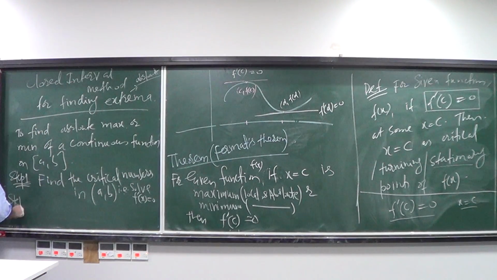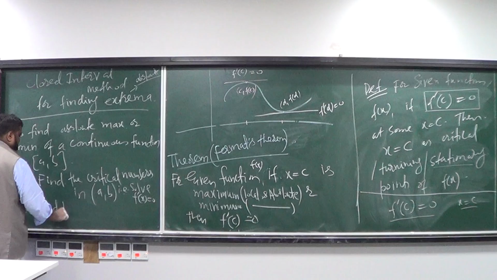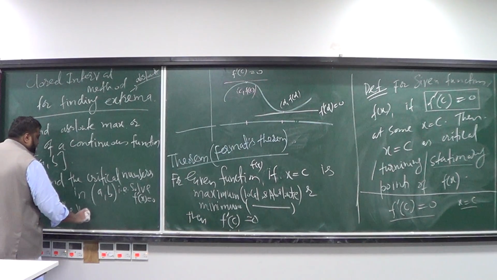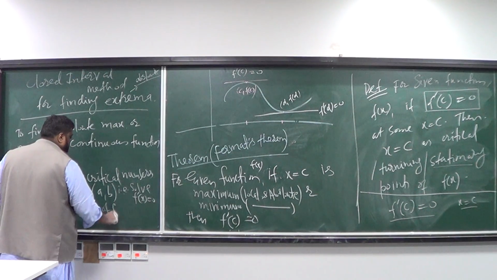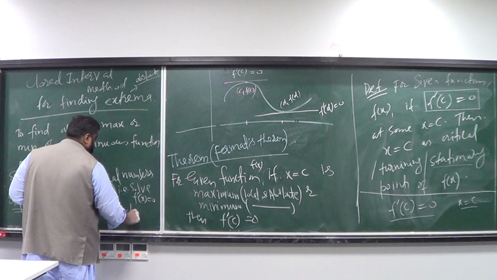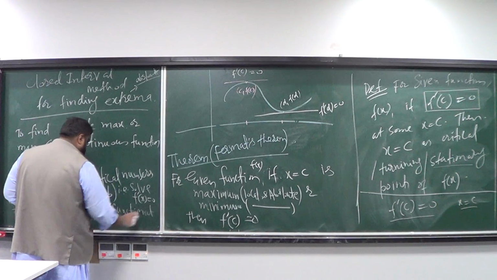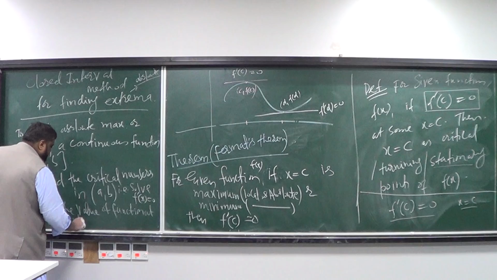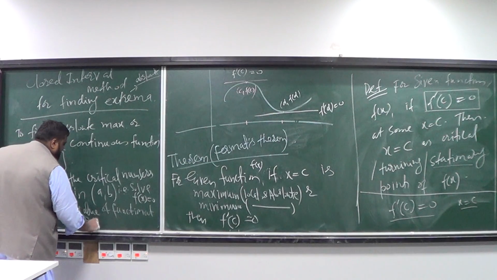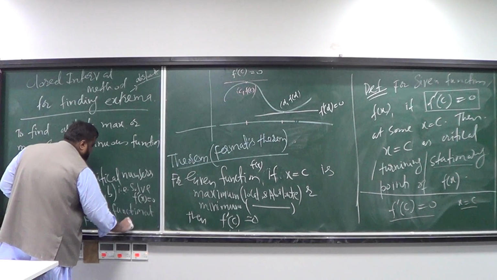So that will give you the critical points. Step 2. Find the values of the function at endpoints a and b.